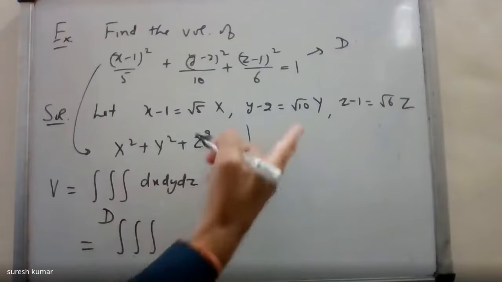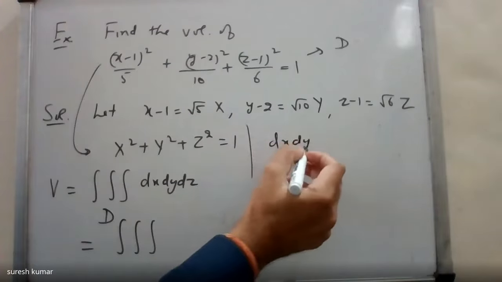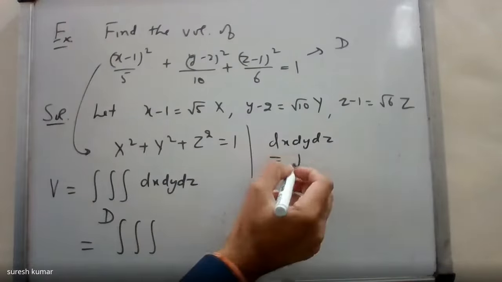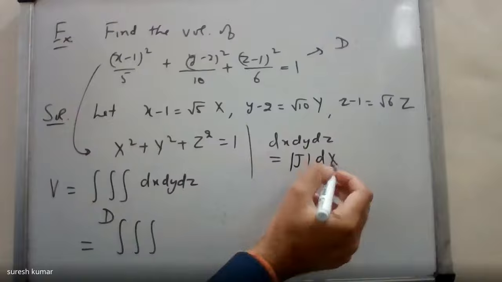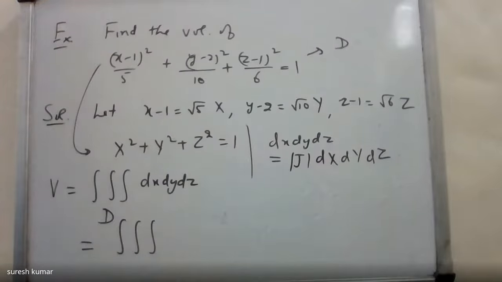But after using these transformations, dx dy dz should go to Jacobian d capital X, d capital Y, d capital Z. Am I right? Can you tell me the Jacobian of these transformations?